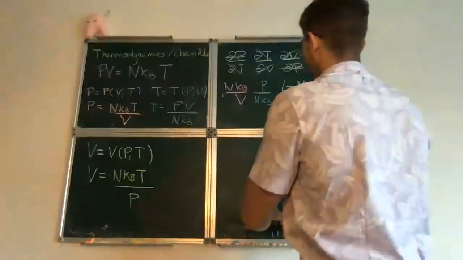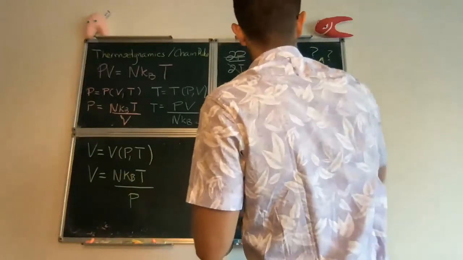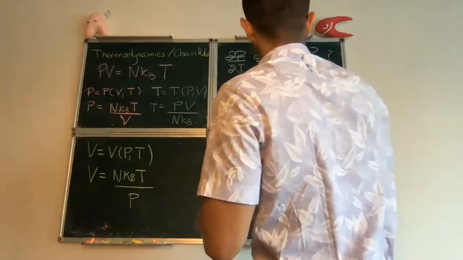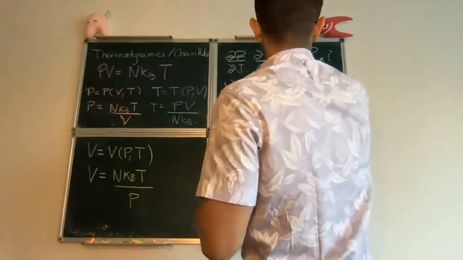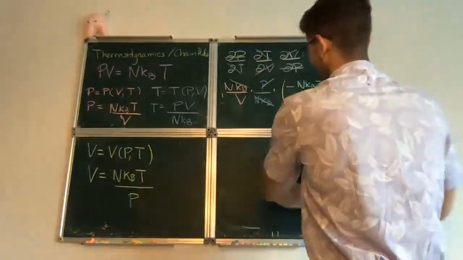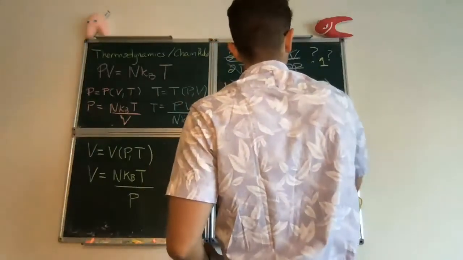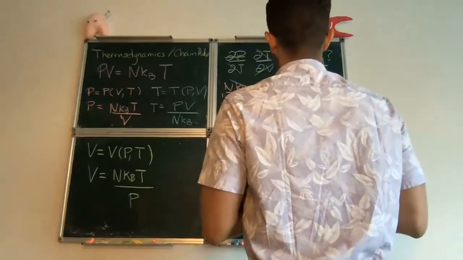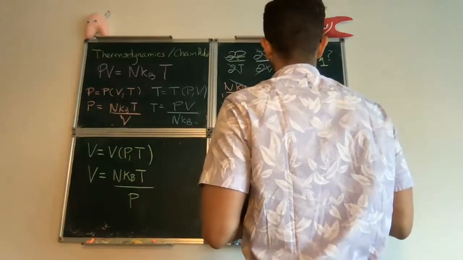So when you do the product of all of them together, what do you get? This cancels this, one pressure cancels one pressure here, and so you get minus NKVT divided by PV.